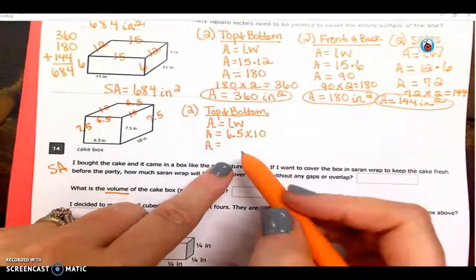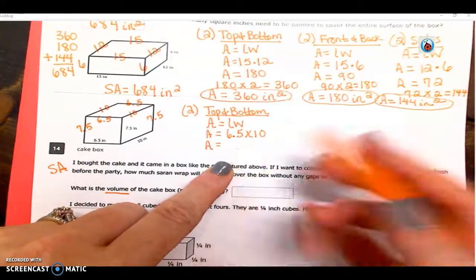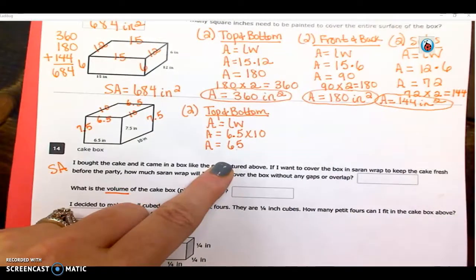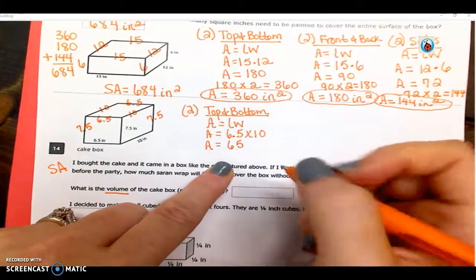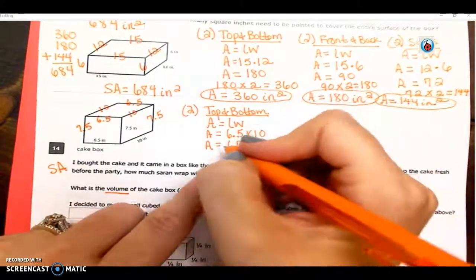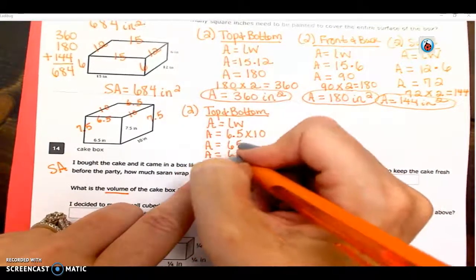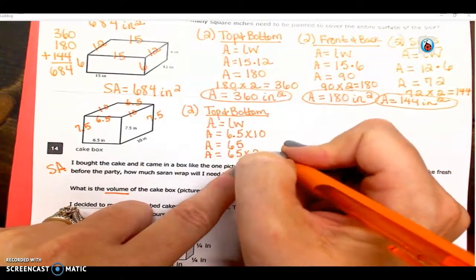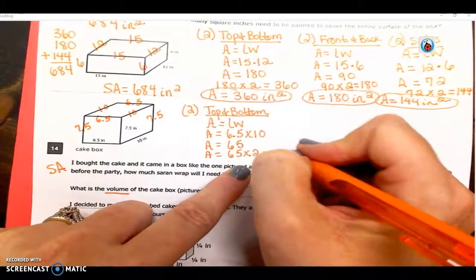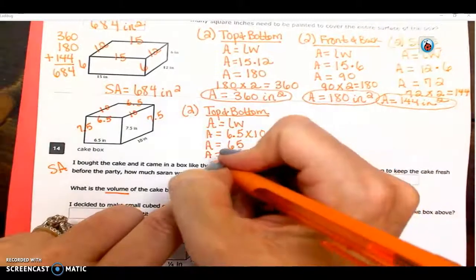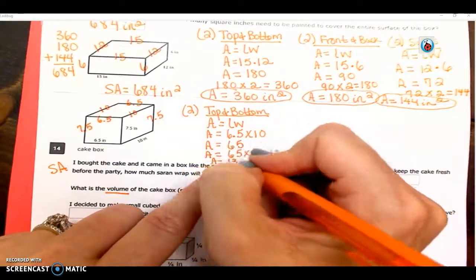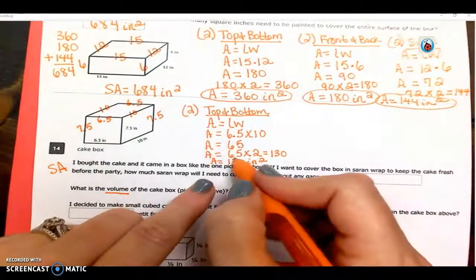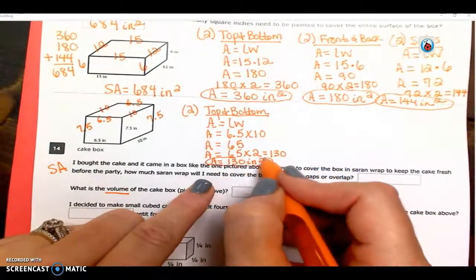And so if we multiply 6.5 by 10, we're going to get 65 inches squared. However, we know that we have 2 of those the same. So I'm going to do 65 times 2, which is going to give us 130. So this one actually has an area of 130 inches squared. This would be the top and the bottom.